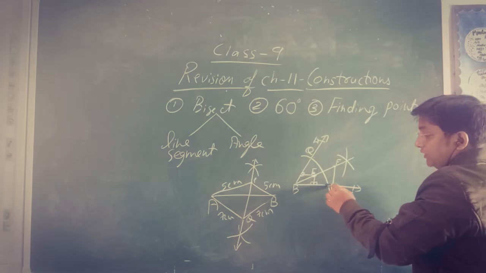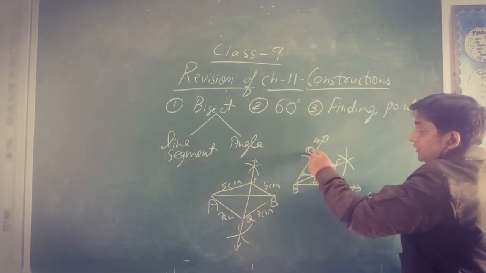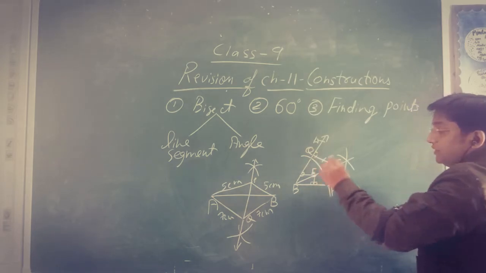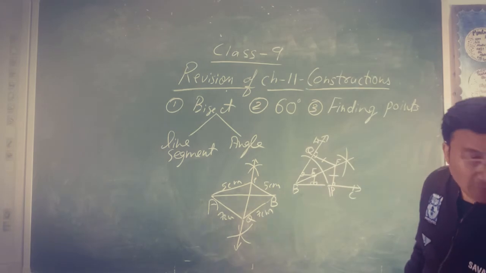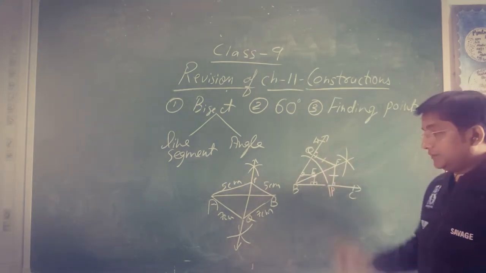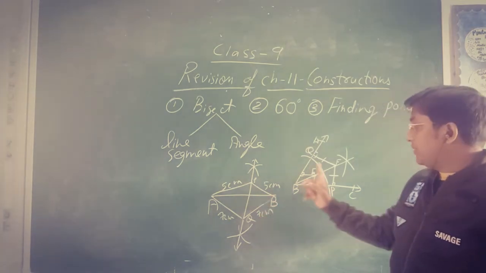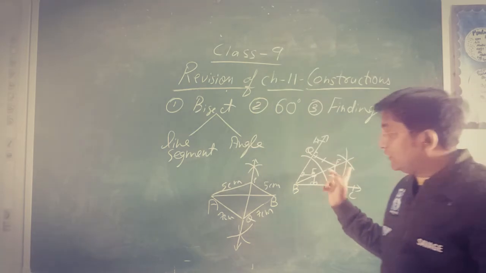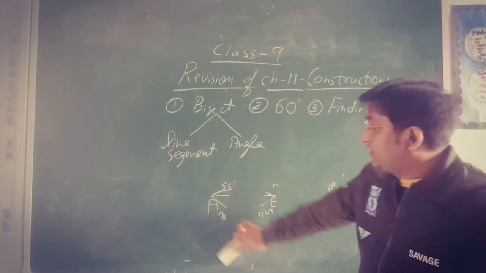Distance is this, perpendicular. This is the distance, and here it is. This and this will be the same. So this is a very important property of your bisector. So this is the perpendicular bisector of a line segment, and the bisector of an angle, that is the angle bisector.